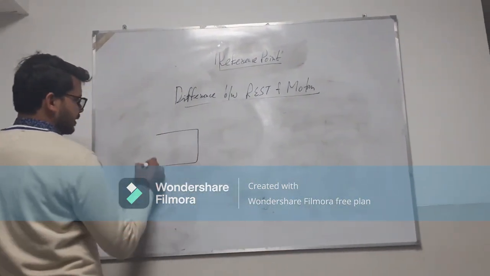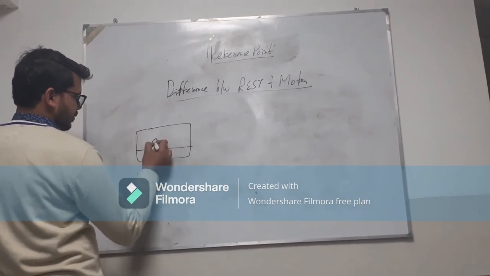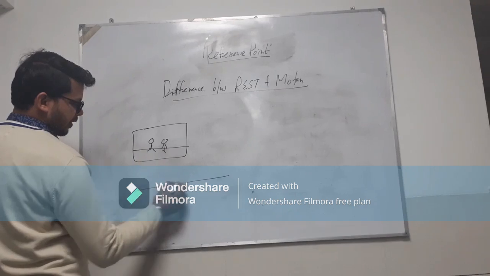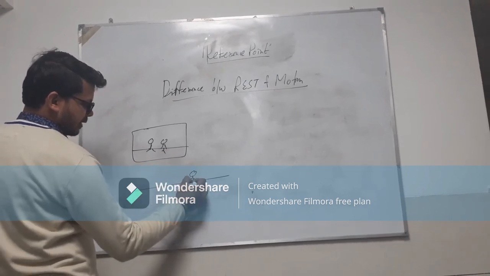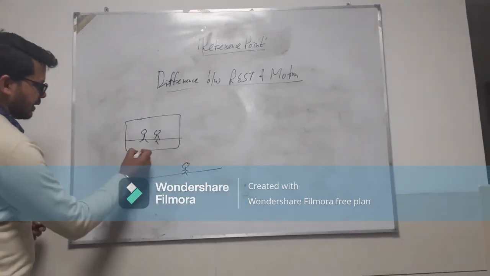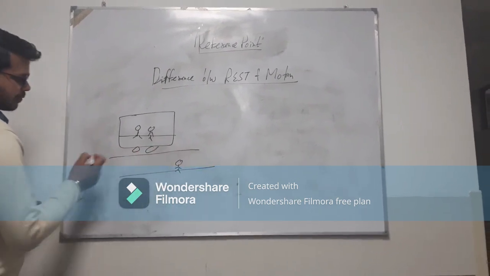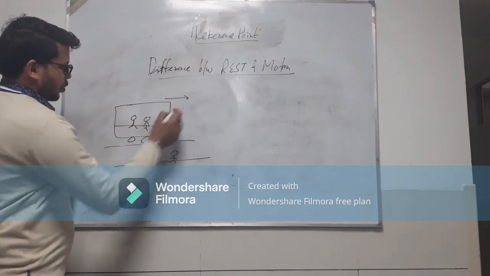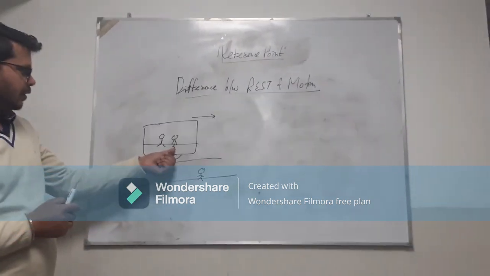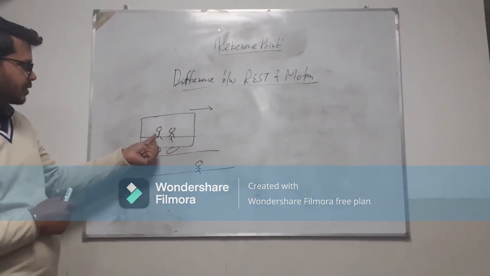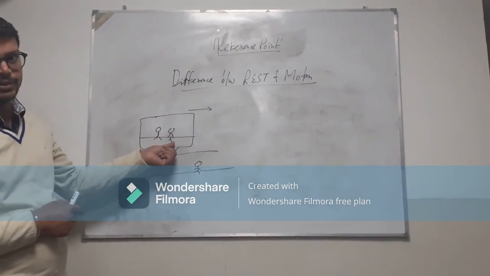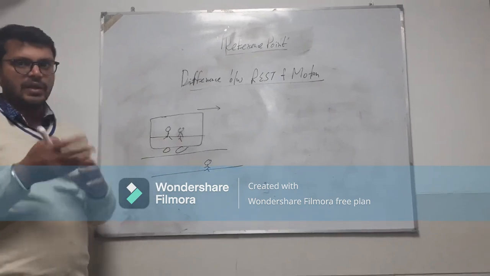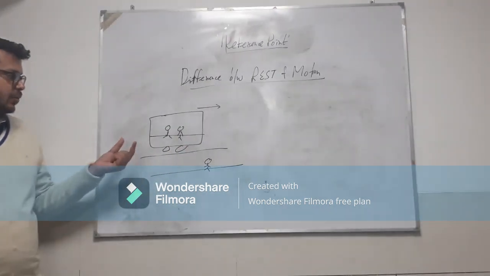Suppose this is a bus. In the bus, these two persons are sitting, and on the road one person is standing. Inside the bus, two persons are sitting, so they are in a rest position with respect to each other.